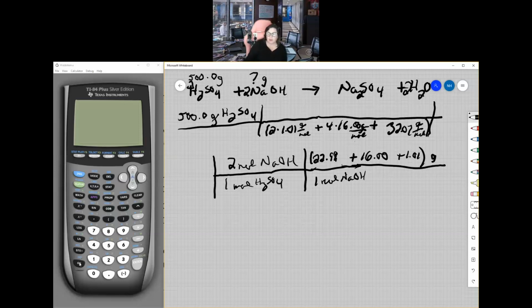So let's come over to our calculator. Let's turn our calculator on. 500 grams divided by 2 times 1 plus 4 times 16.00 plus 32.07.